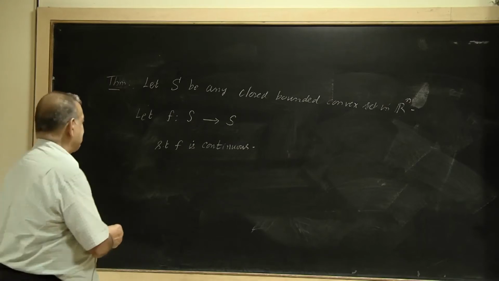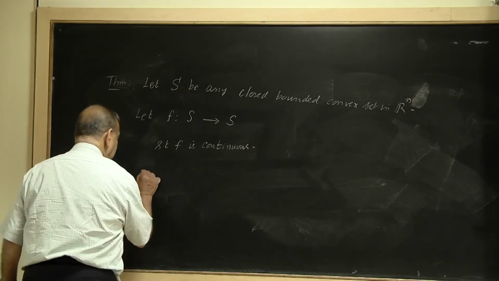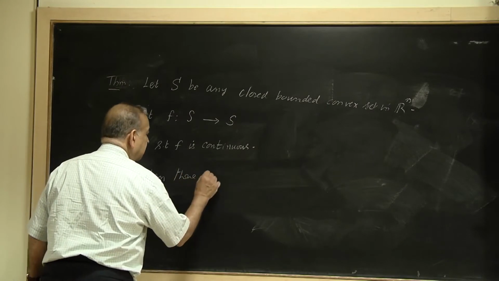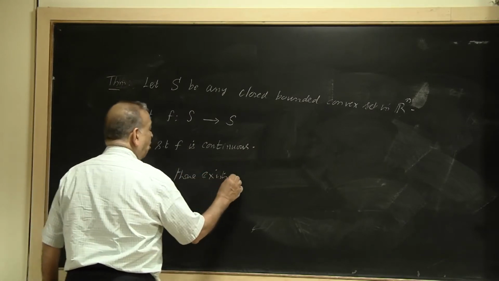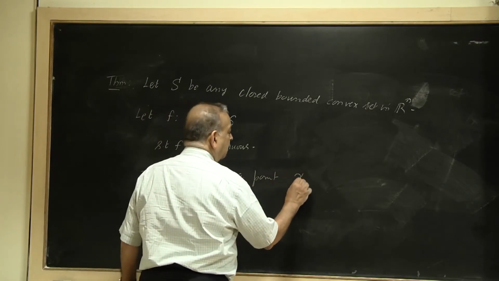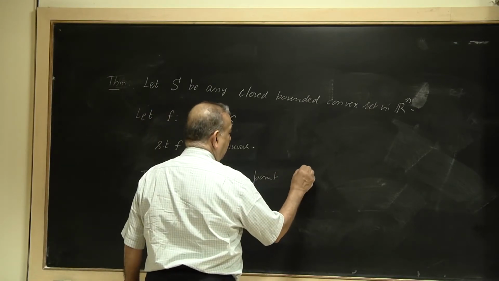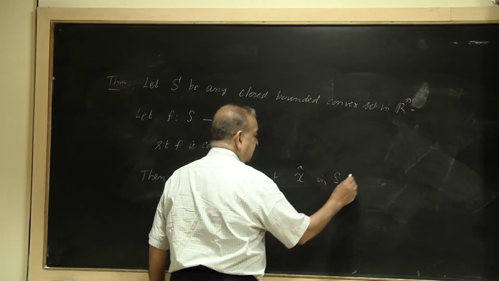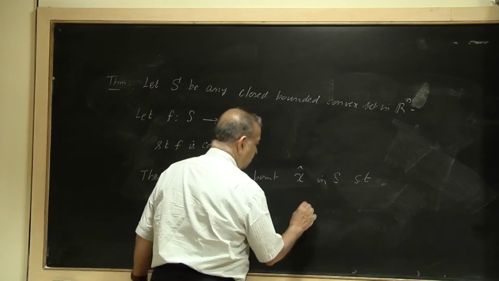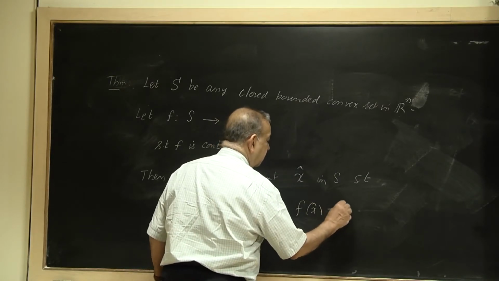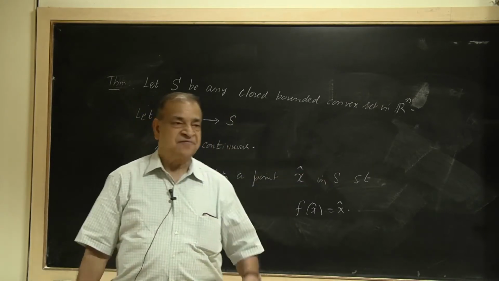So what the theorem says: f is continuous. Then there exists a point x hat in S such that f of x hat is x hat. The point goes to itself.